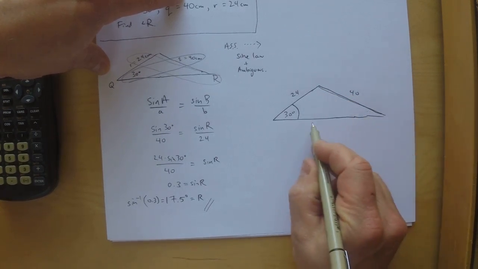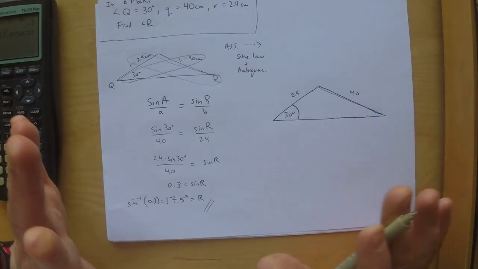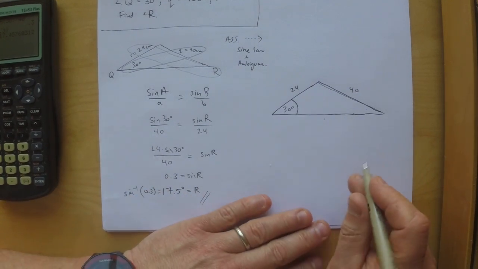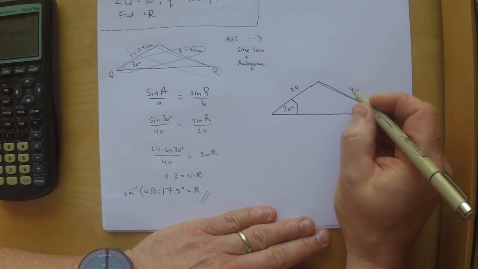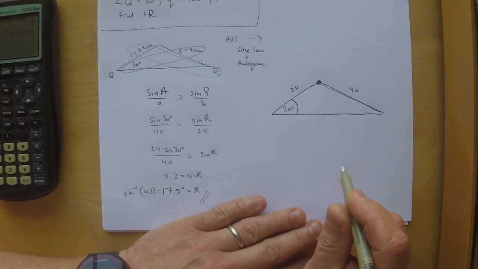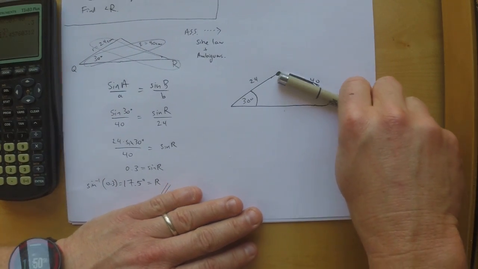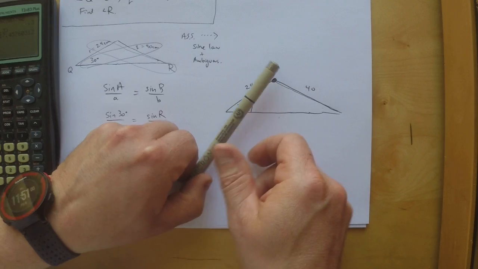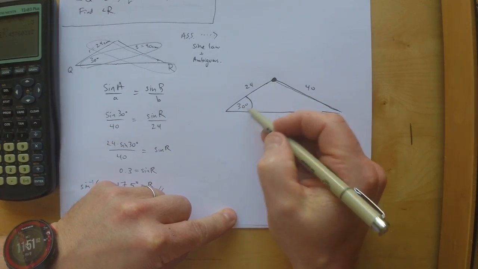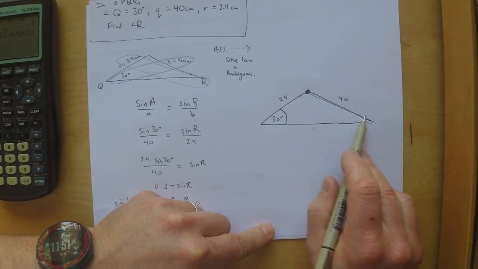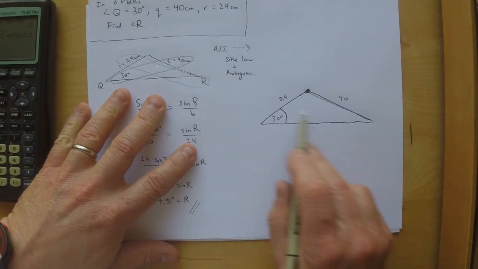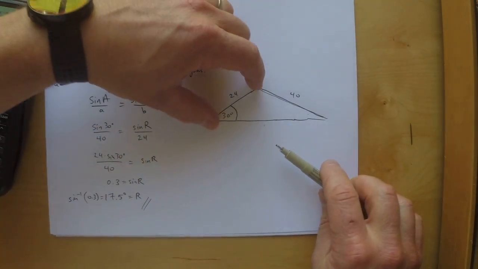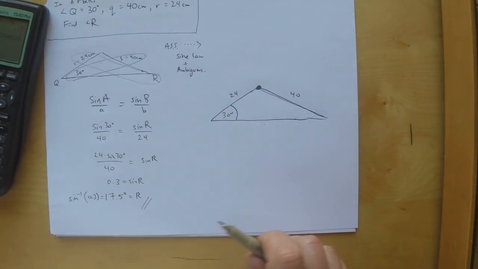This angle and this side are not fixed at the moment until we figure out the answer. The trouble is what can happen, it's almost like there's a hinge here. It's possible for this side sometimes to have been over here and drawn this way. But in this particular example, if this is 40 length and this is only 24, this is longer than this.